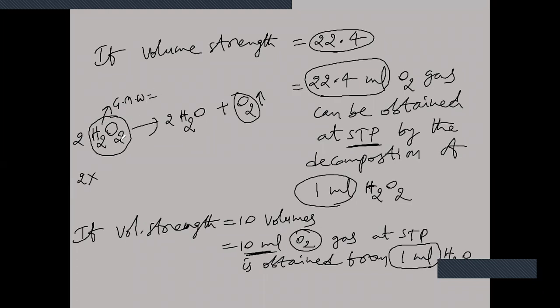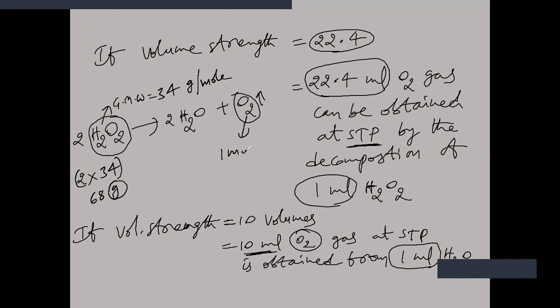Gram molecular weight of H2O2 is 32 plus 2, 34 grams per mole. 2 moles is 2 into 34, that is 68 grams.